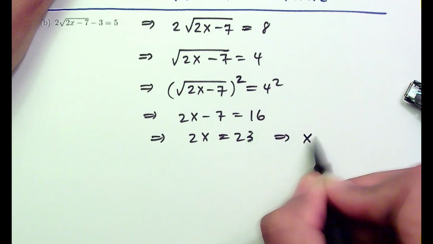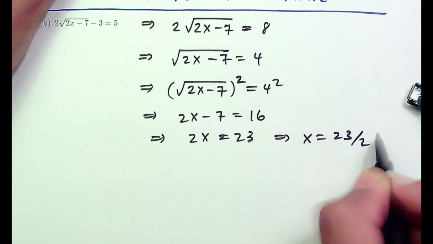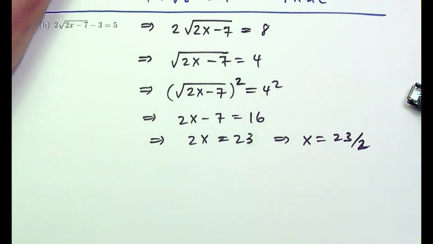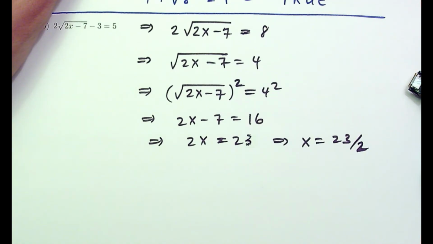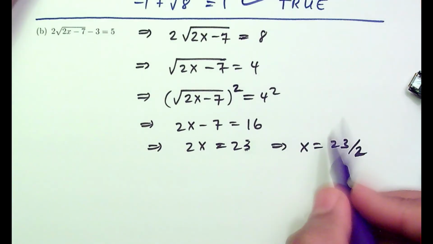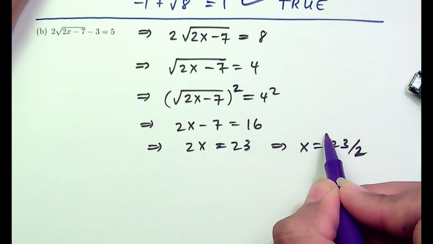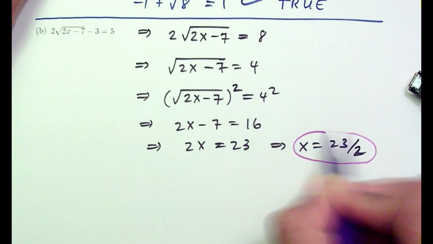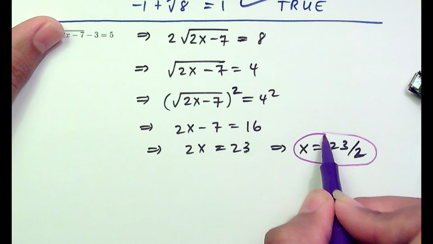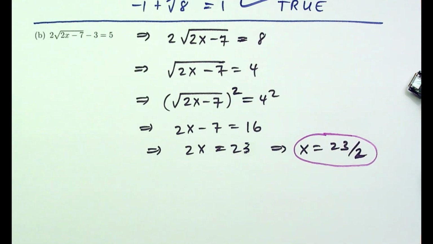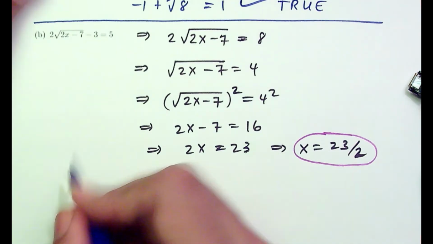So it means x equals 23 halves, potentially. I don't know if that's true. I don't know if that works. But we're gonna figure it out pretty soon. Okay, by checking. So now let's plug it in and see if that works.